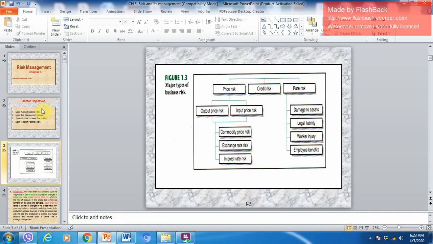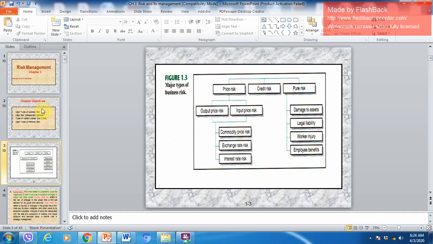For example, if you are making any medicine or any other product, you need some inputs in order to make finished goods, and if the prices of these raw materials fluctuate, that is called input price risk. Reasons can be such as inflation, which increases the prices of raw material, and government taxes can also increase them.